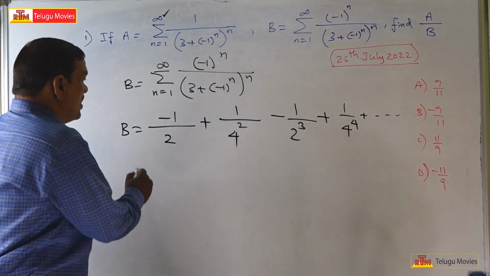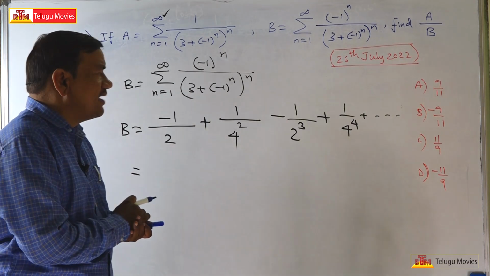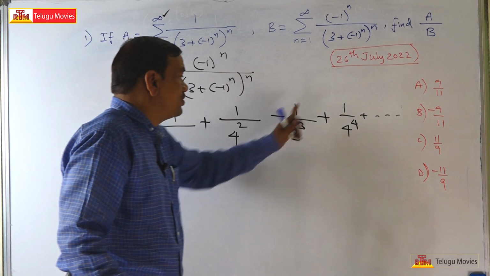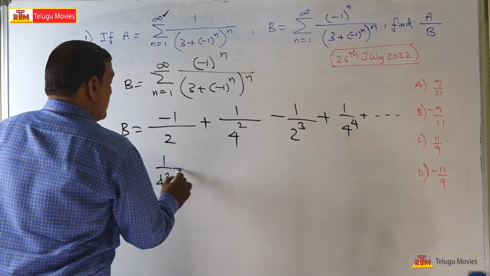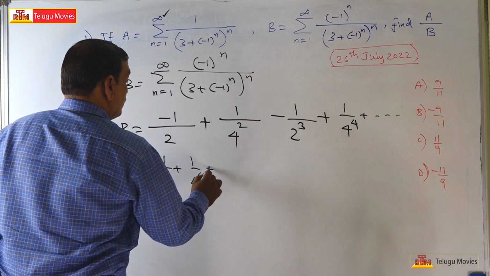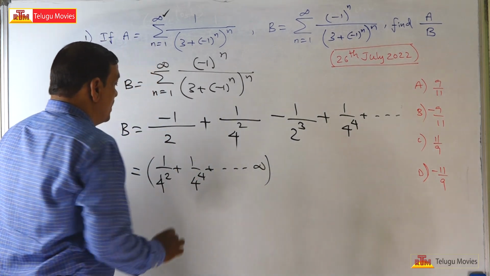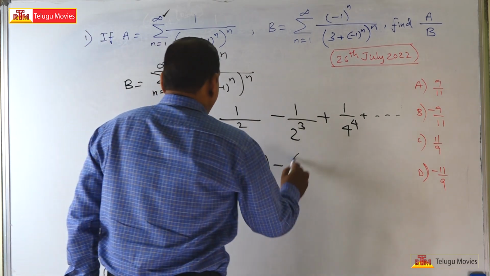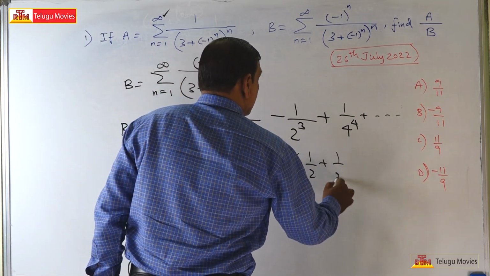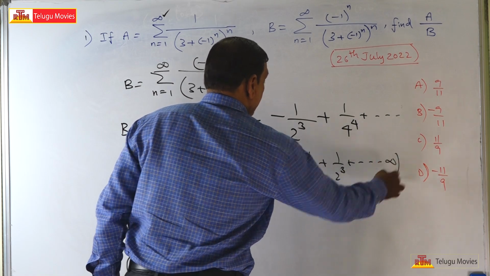Understand? So, if you observe here, just like the previous problem, here 1 by 4 square, 1 by 4 power 4, put it in a bracket. So, this is equal to 1 by 4 square, 1 by 4 power 4, so on infinity, minus 1 by 2, minus 1 by 2 cube, take minus common outside, 1 by 2 plus 1 by 2 cube plus so on infinity.